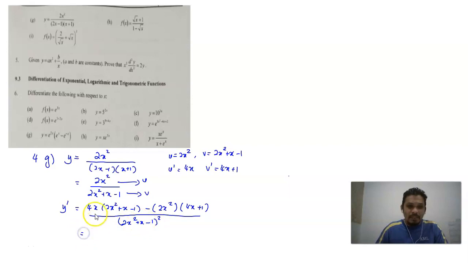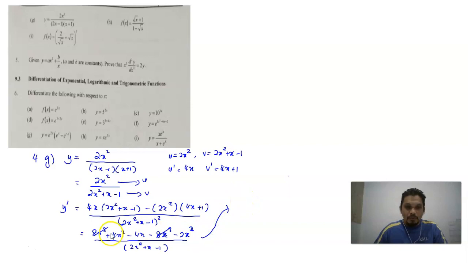Okay, so you may expand this. 4 times 2, 8x cubed plus 4x squared minus 4x, then minus 2 times 4, equal to 8x cubed, and then minus 2x squared plus 1 minus 2x squared, and everything divided by (2x squared plus x minus 1) squared. 8x cubed minus 8x cubed, 4x squared minus 2x squared equal to 2x squared, minus 4, divided by (2x squared plus x minus 1) squared. Is that it? I think so.